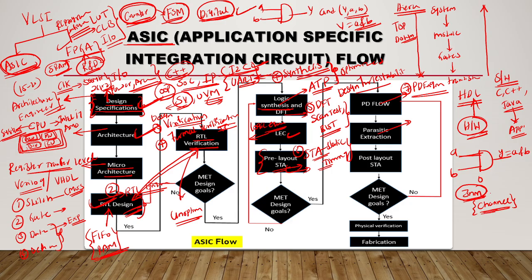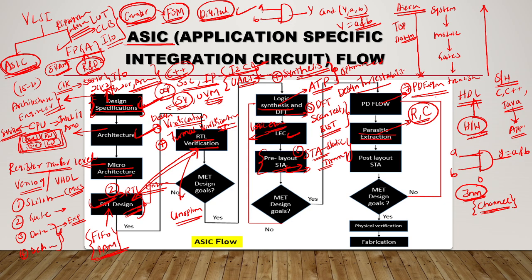Between one transistor layer and another transistor layer, there will be some metal wiring. For those metals, you have some resistance and capacitance, RC extractions. RC extractions are nothing but parasitic extractions.